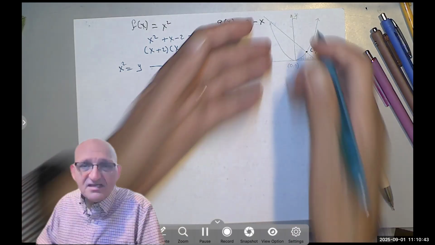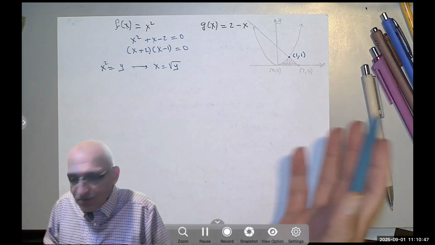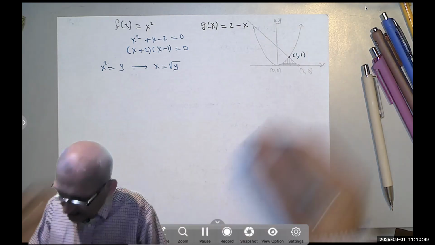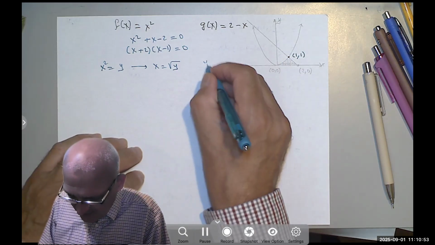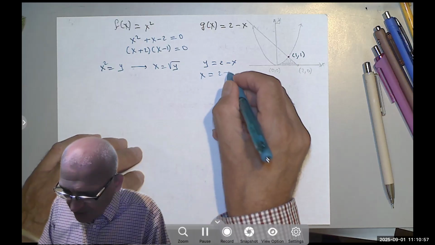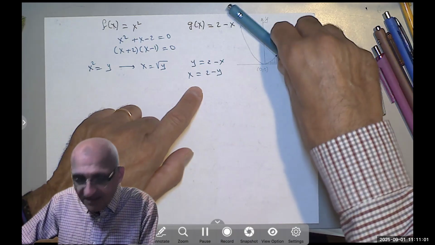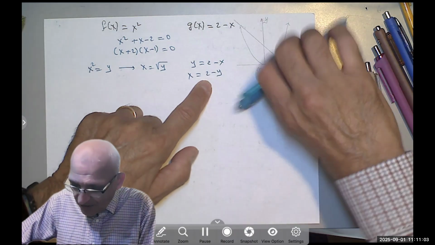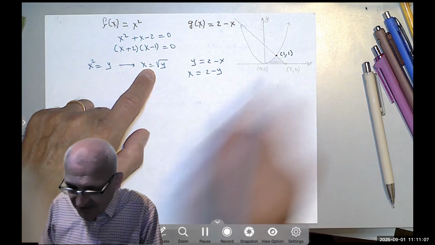Notice I don't have anything below the x-axis, so there is no reason to say plus or minus. It's just root y. So this is root y. How about this? Well, that's easy. So x is 2 minus y. Notice the one on the right is 2 minus y. The one on the left is root y. And the height is dy.